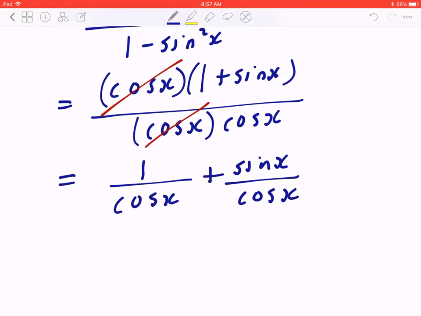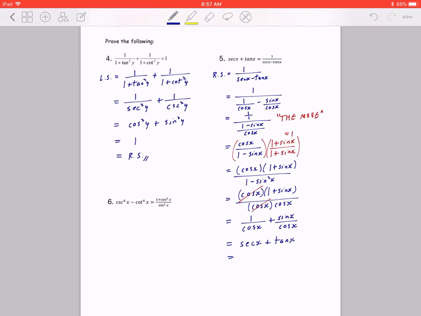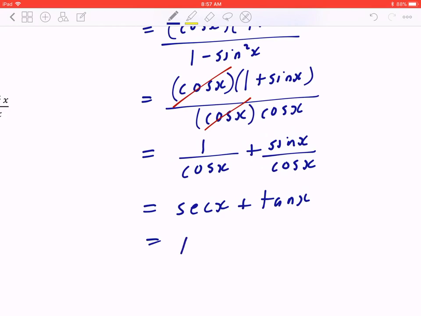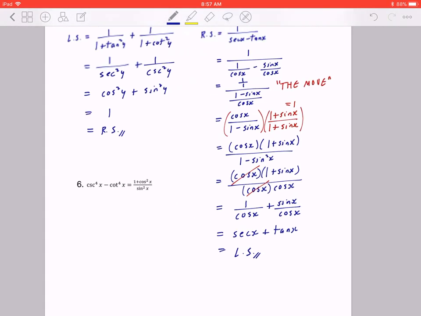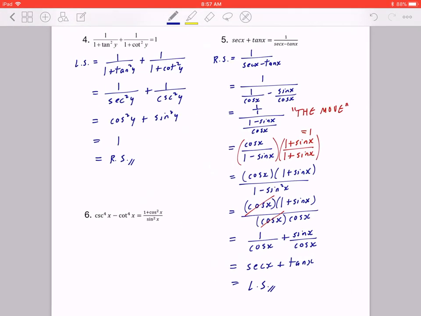And again, this is exactly what you're looking for: secant x plus tan x, which is equal to the left-hand side. Again, I'm not saying this is the fastest way, but I imagine most of you would rewrite this in terms of sine and cosine, so I'm navigating it through what most of you would do.